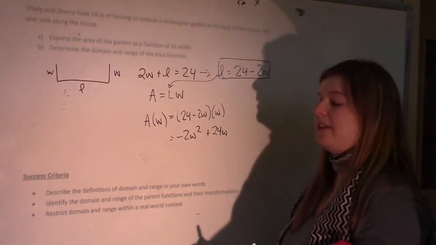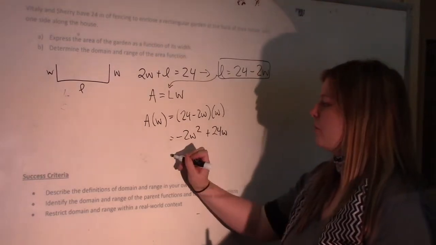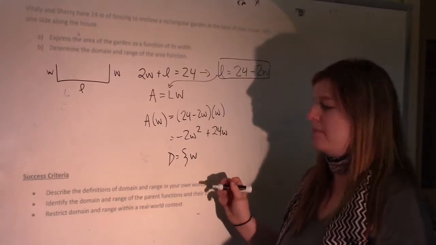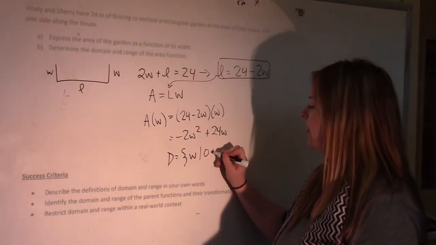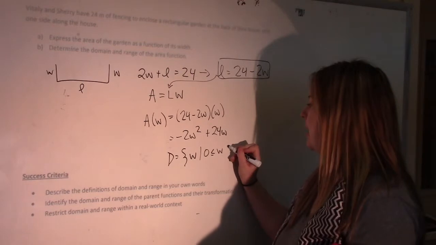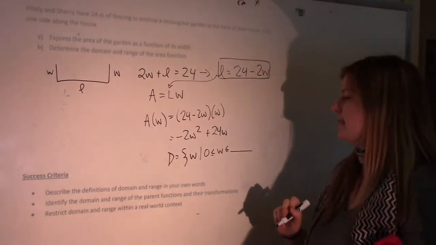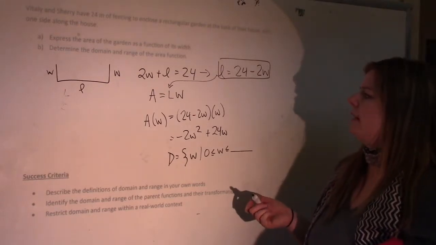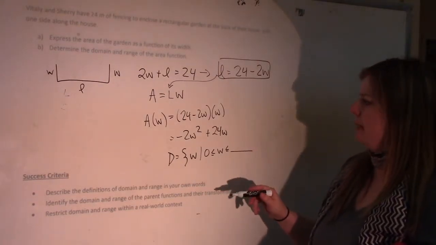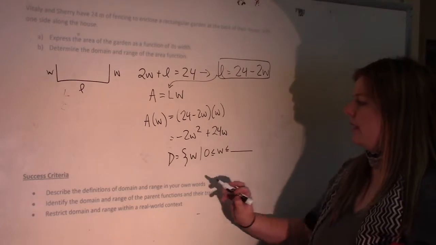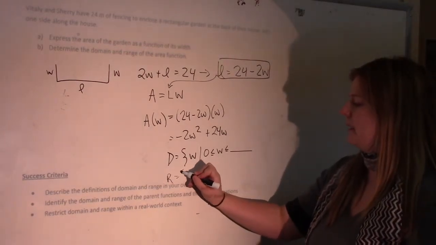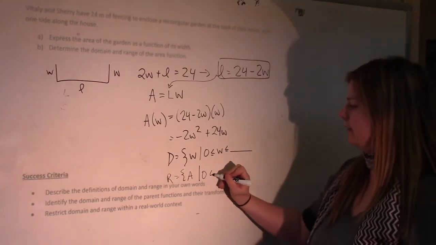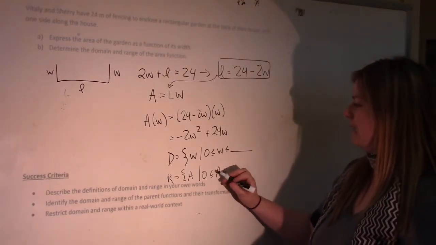So let's determine the domain and range of this function. Well, the domain first has to be whatever the width can be. So we know already that width has to be positive, but it's going to have a top end depending on what it can be. So let's look. What can width be? You've got to think about that. Now range is area, so what is our greatest area? Has to be positive.